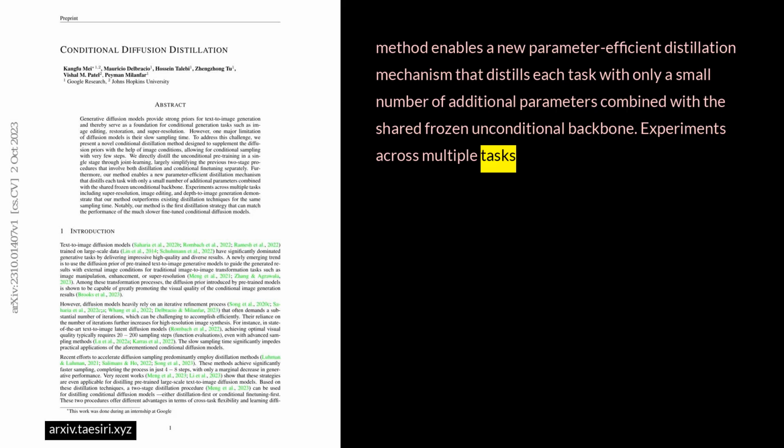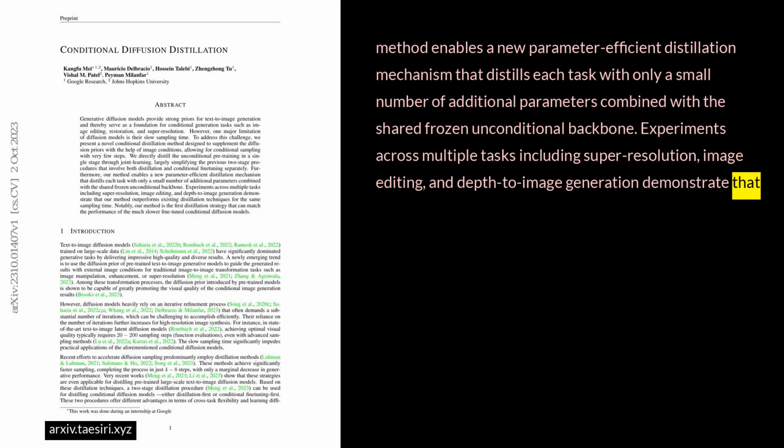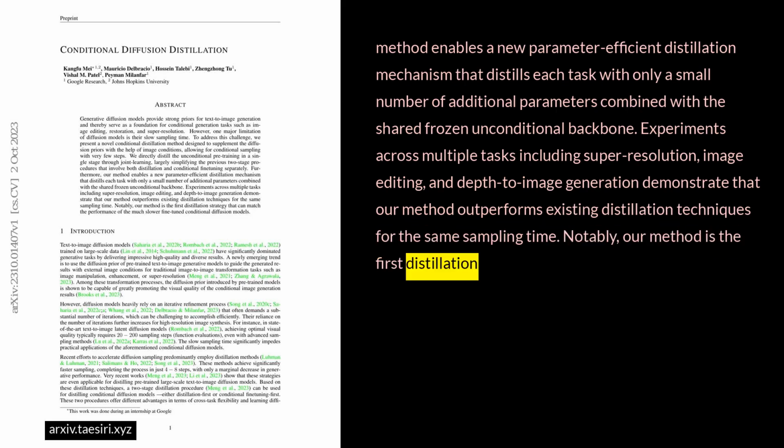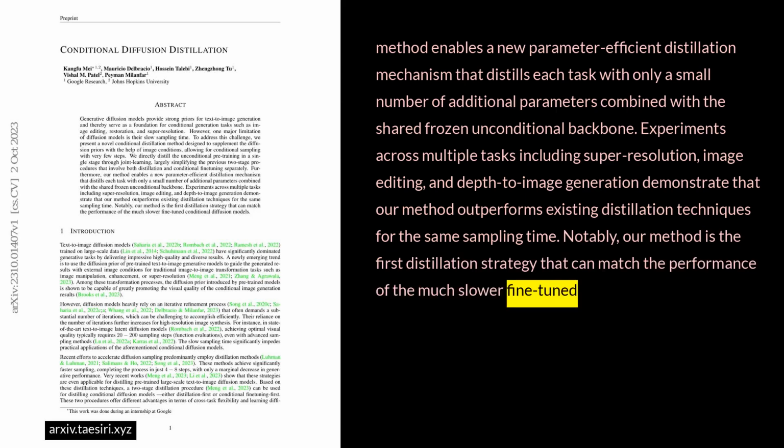Experiments across multiple tasks, including super resolution, image editing, and depth-to-image generation, demonstrate that our method outperforms existing distillation techniques for the same sampling time. Notably, our method is the first distillation strategy that can match the performance of the much slower fine-tuned conditional diffusion models.